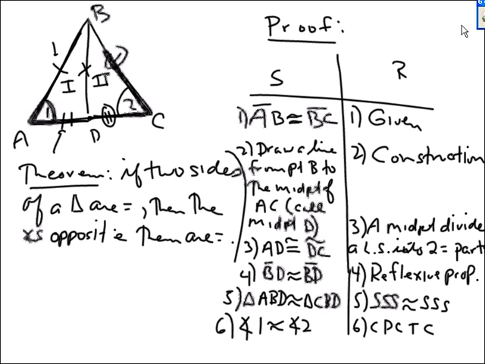Okay. Let us reverse this now. I want to say that if two angles of a triangle are equal, then their opposite, this should have said sides, sorry. Actually, this should have said angles.